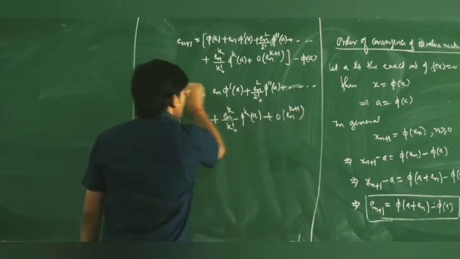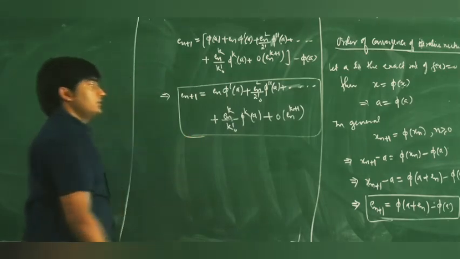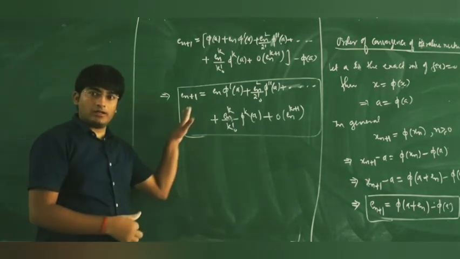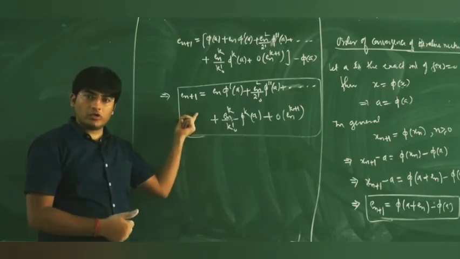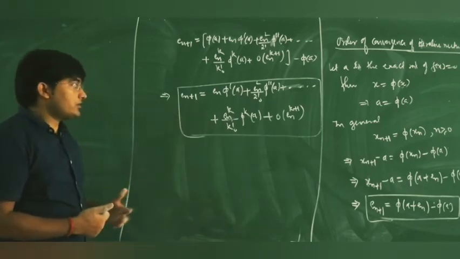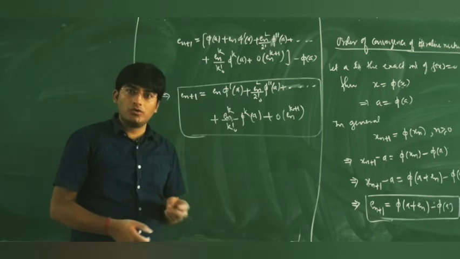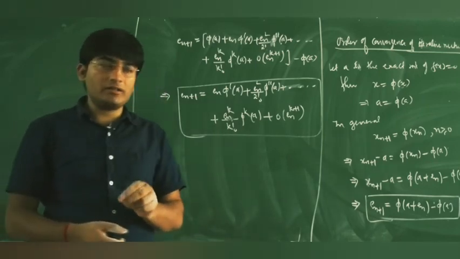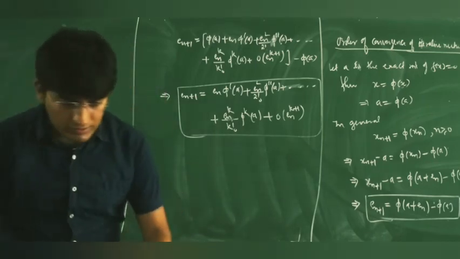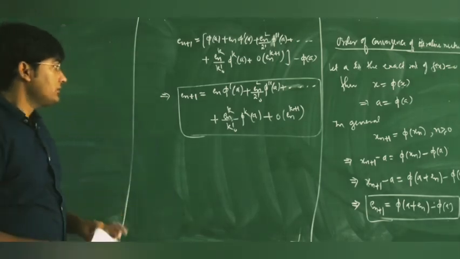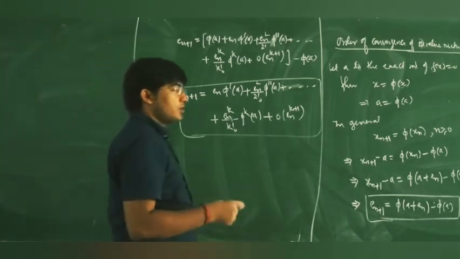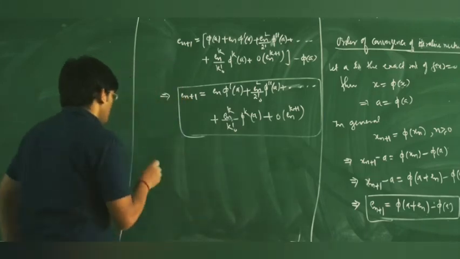So this is your e_{n+1} in this case, and this is your general term. Now with the help of this equation, we will find out the order of convergence for the first order iteration method and the second order iteration method.